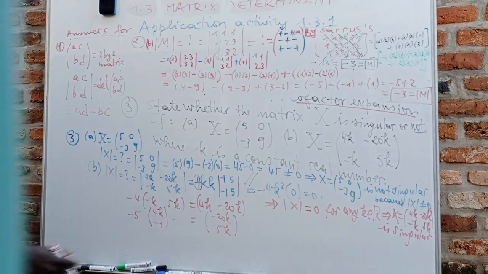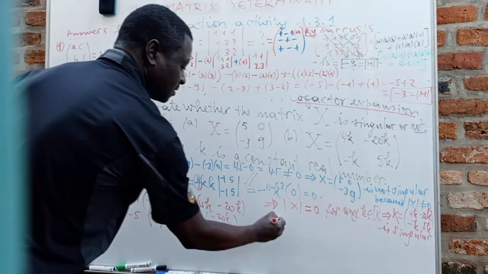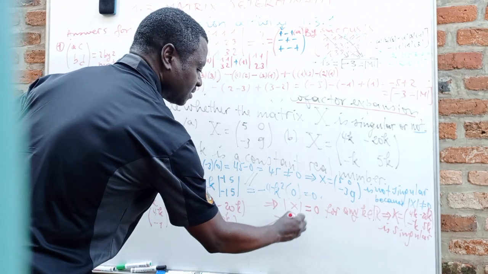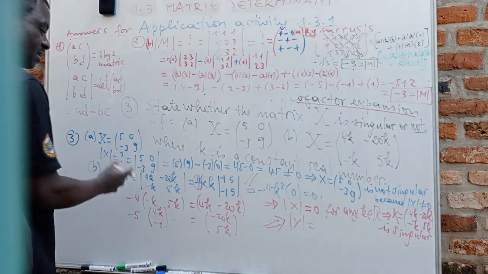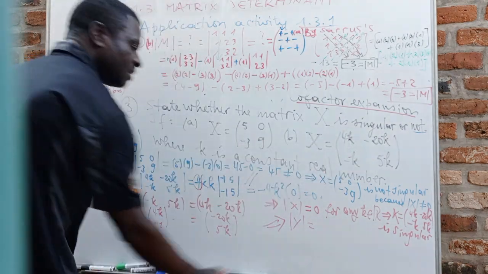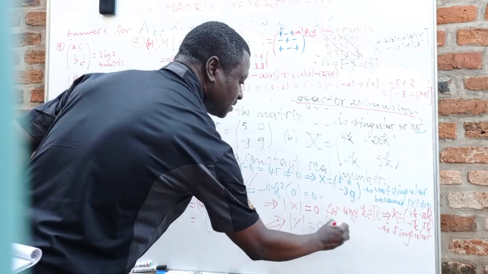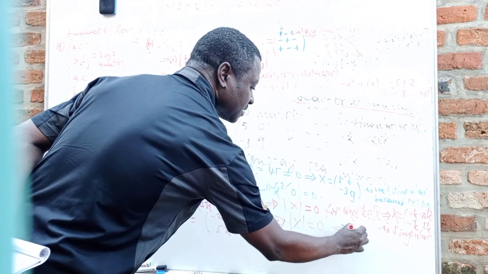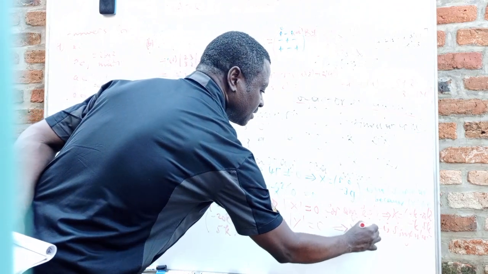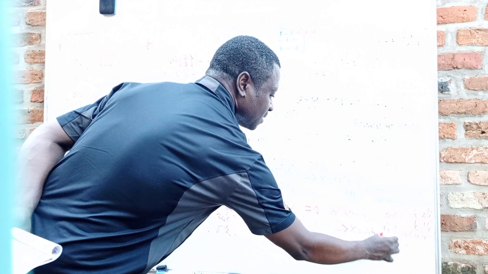So without calculating anything, at the beginning we see that this matrix's determinant is equal to 0, which means that the matrix is already singular.